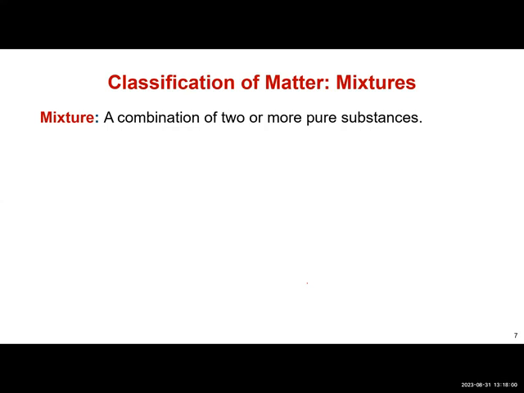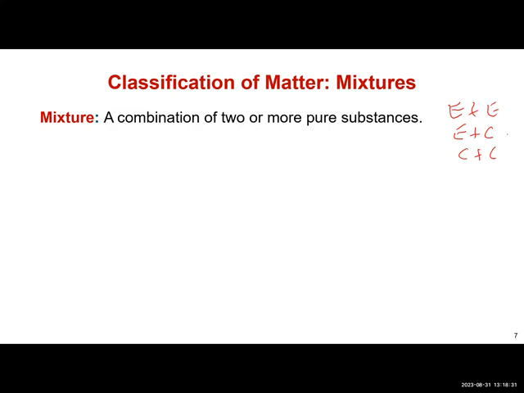We talked about that. Mixtures could be elements plus elements, two different elements with another different compound, or two different compounds.